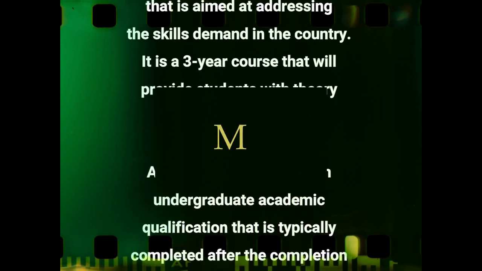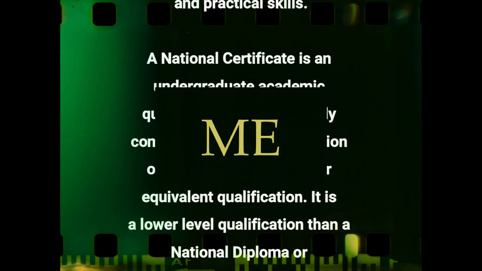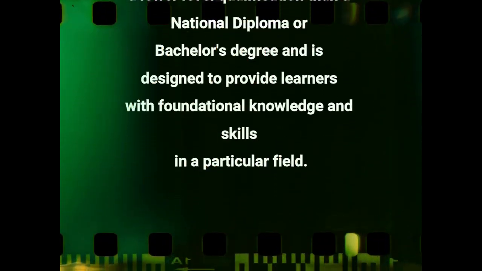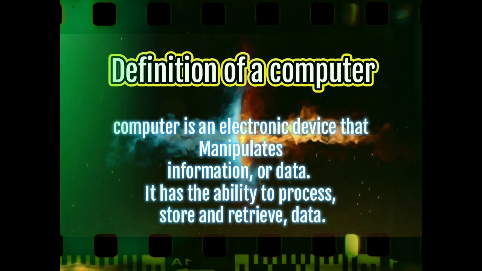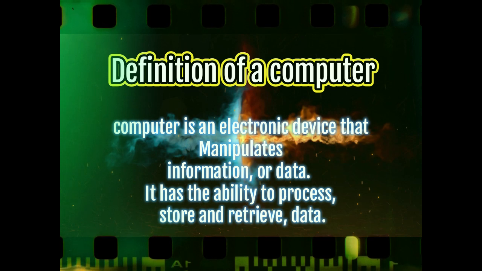Well, let us proceed with a definition of a computer. Ladies and gentlemen, my class, sit back and relax. What is a computer? A computer is an electronic device that manipulates information or data. It has the ability to process, store, and retrieve data.